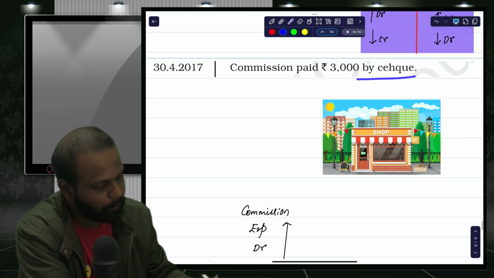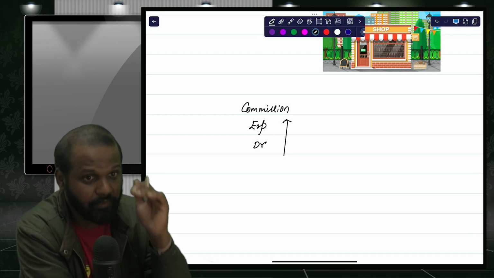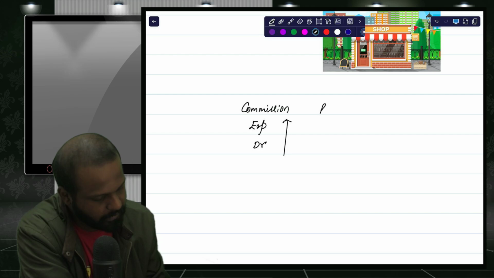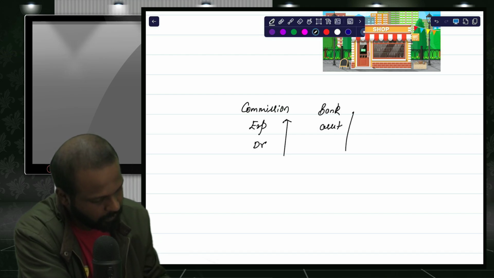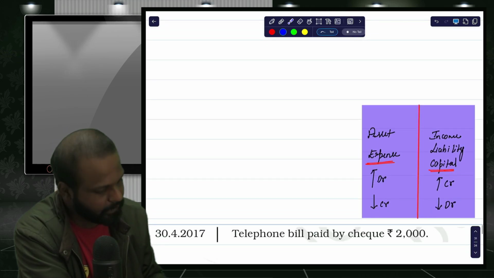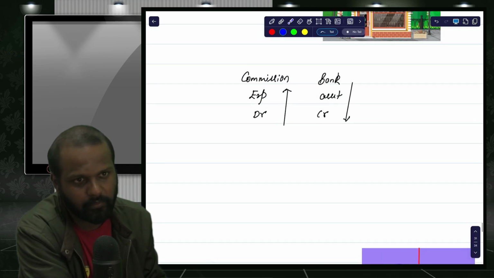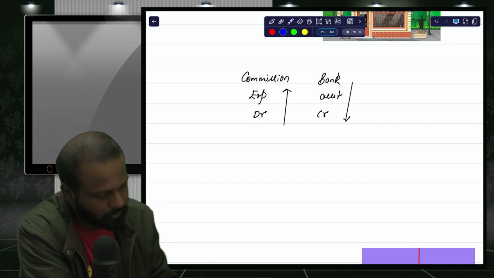Paid by check. You have paid the money by check, so money is going out. Bank balance will decrease. Bank balance is an asset. Asset decreases, we do credit. So commission is an expense, so we do debit.